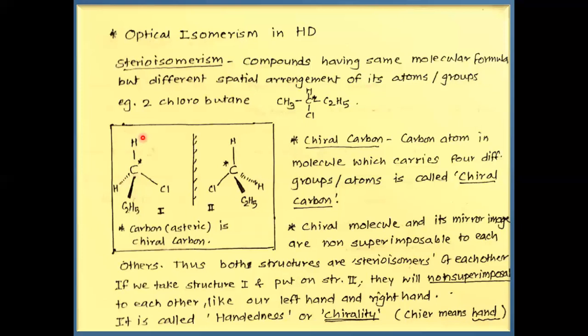Now in this tetrahedral geometry, if we try to arrange all the atoms or groups on paper, as we look at the structure on paper, it is planar, but this we have also studied.